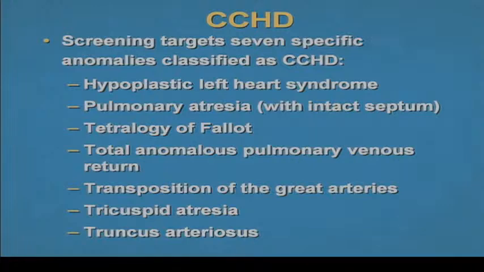And again, there are other secondary targets or defects that may also be identified through the pulse ox screen, but the screen itself is intended to identify these 7 critical defects.